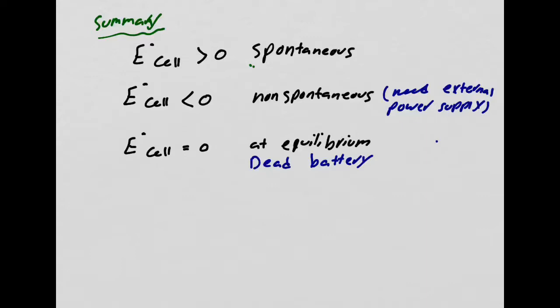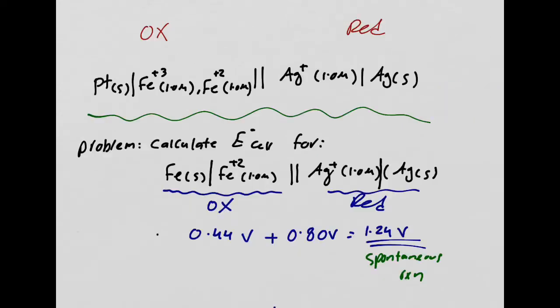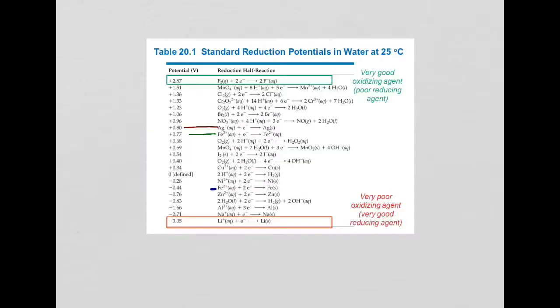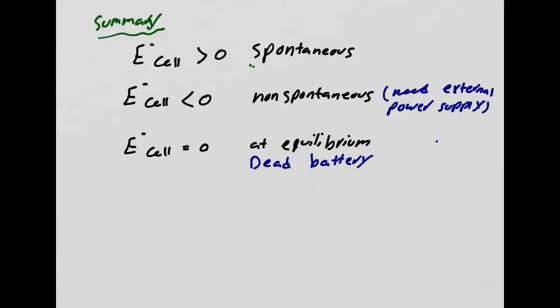There's a voltaic cell inside the battery. So if the E cell value is positive, that means the reaction will go right here. If the E cell is negative, this is not gonna go. You need to probably switch it out. If the E cell is 0, the battery is dead. You are at equilibrium. Okay, so far so good.